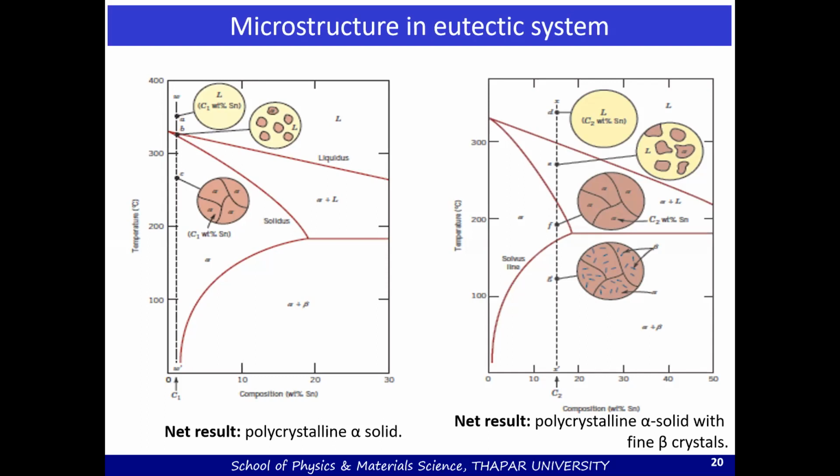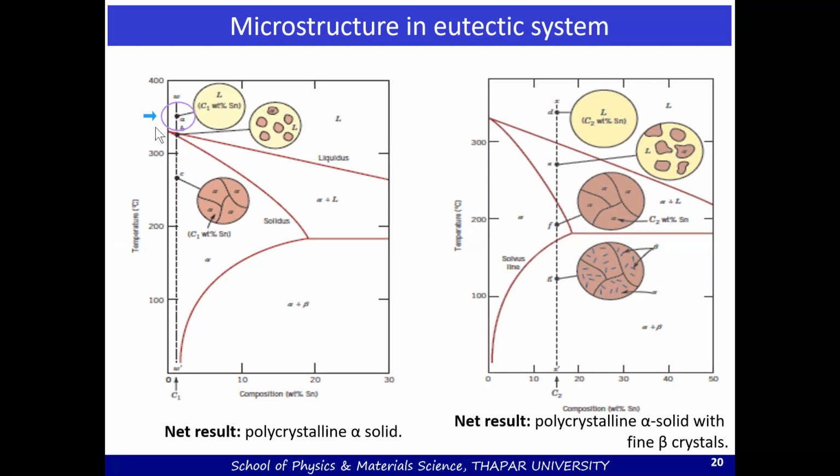Let us start from the topmost point, which is marked as point A. This point is above the liquidus line, so we expect that everything will be in the liquid state. At point A, what you get is only one phase, which is homogeneous liquid.